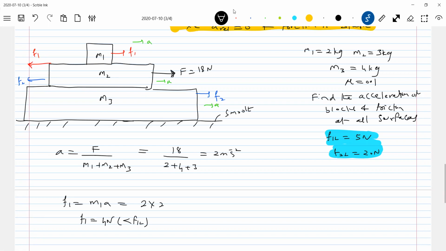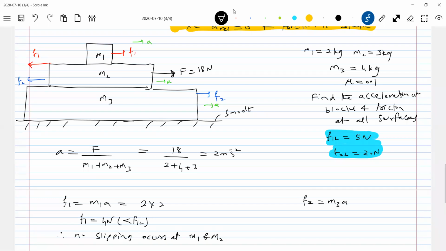So what is the conclusion now? Therefore, no slipping occurs at m1, m2. Let's similarly calculate F2. F1L we got 2 newtons in the previous one, for 4, no? Here m1 is how much? 2 kg.